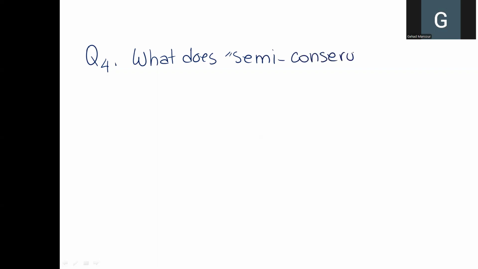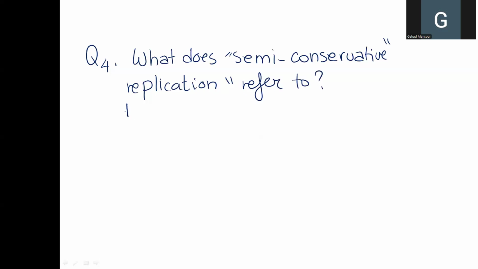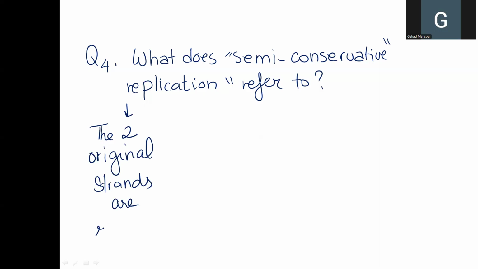So we are going to mention three major steps or characteristics of semi-conservative replication. In semi-conservative replication, first, the two original strands are separated.